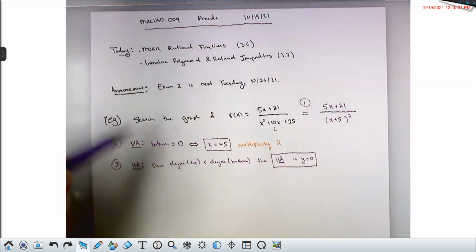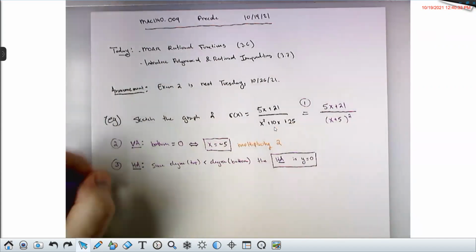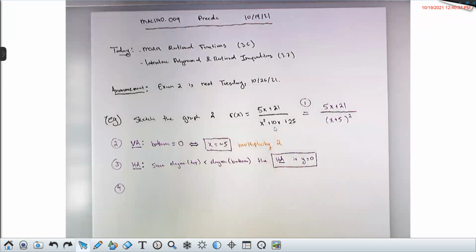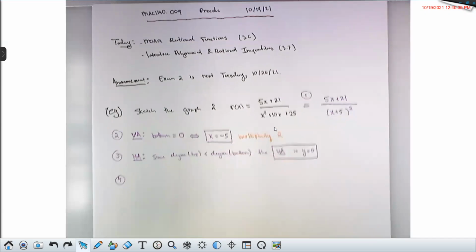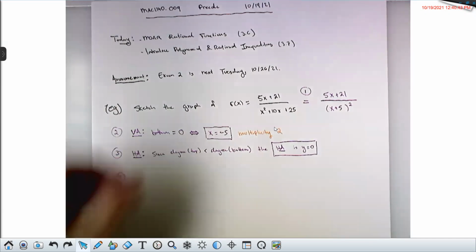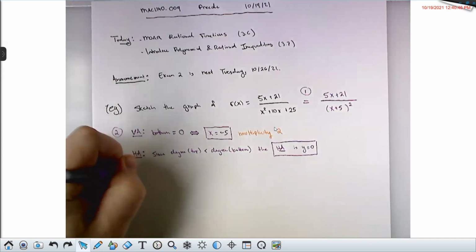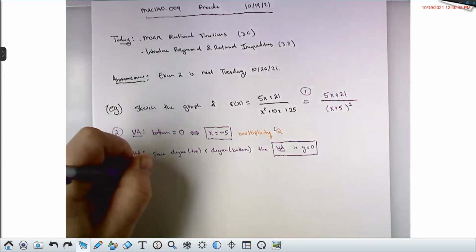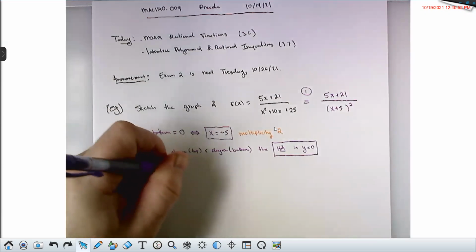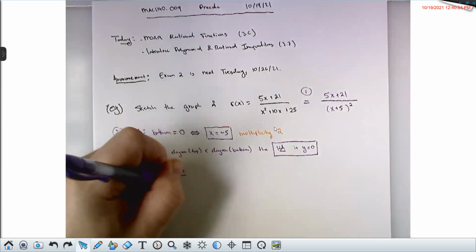Okay, I've got my factored form, my VAs, my HA. What else do I need? Find the intercepts. Good. Yeah, we need intercepts. So there are x-intercepts and a y-intercept.